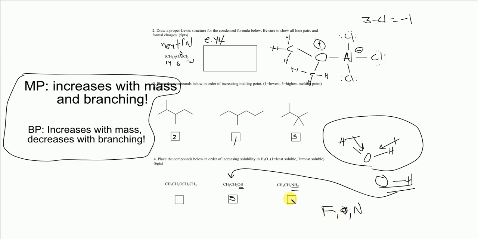So this is the next hydrogen bonding thing, which is stronger than polar interaction. And then finally I have this ether right here. You don't need to know what that is, just that's the name of it. And this is going to be polar, right? Because the oxygen is going to pull in the direction towards itself and make everything else partially positive, and this is going to be 1. Okay, moving on.